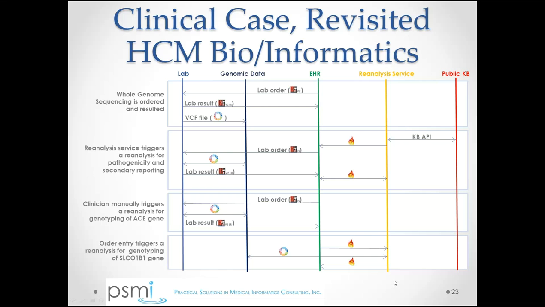This would be a real-time clinical decision support where I order a drug. I order simvastatin, and that triggers the reanalysis service to check the genotype of the SLCO1B1 gene because the PharmGKB recommendations don't say that if you don't have that gene on file to go ahead and order it, but they do say that if you do have genotype information on file, you should use it to better inform your prescribing.